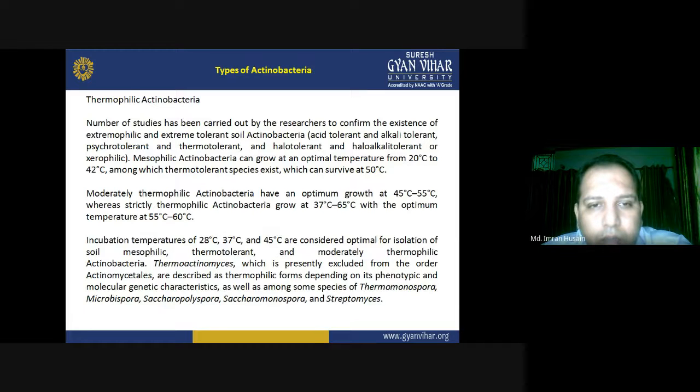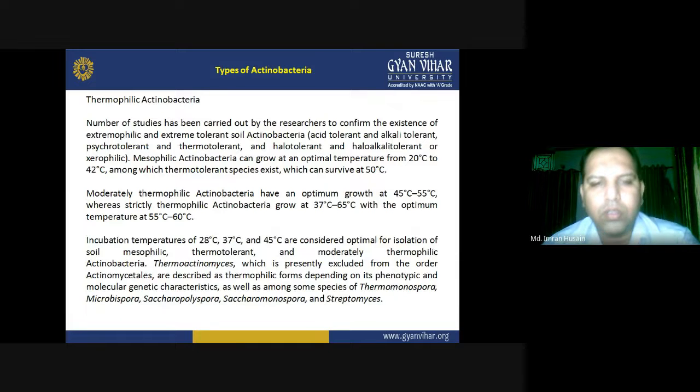Mesophilic actinobacteria can grow at an optimal temperature of 20 to 42 degrees, among which thermotolerant species exist, which can survive at 50 degrees centigrade. Moderately thermophilic actinobacteria have an optimum growth at 45 to 55 degrees centigrade, whereas strictly thermophilic actinobacteria grow at 37 to 65 degrees centigrade temperature, with the optimum temperature at 55 degrees centigrade.